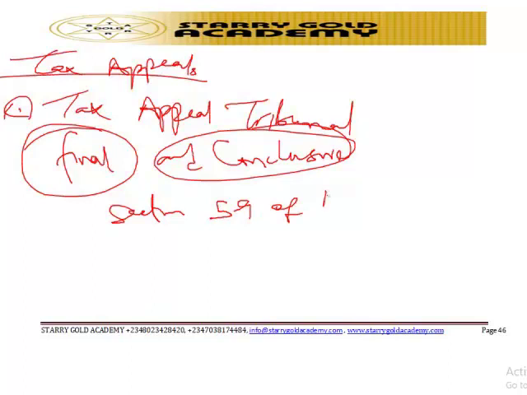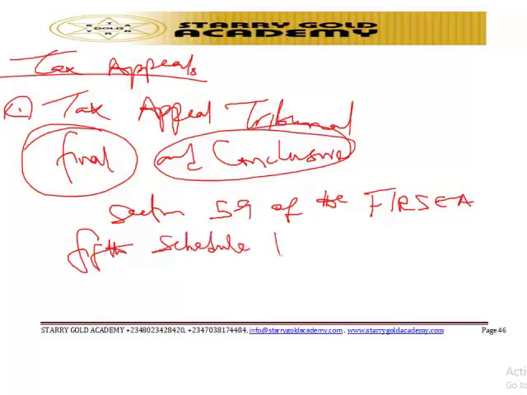So specifically, section 59 of the Federal Inland Revenue Service Establishment Act provides for the establishment of the tribunal, while the fifth schedule to the Act makes provision for the jurisdiction, authority and procedure of the tax appeal tribunal.